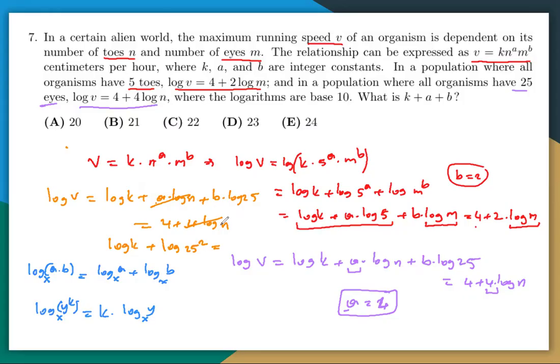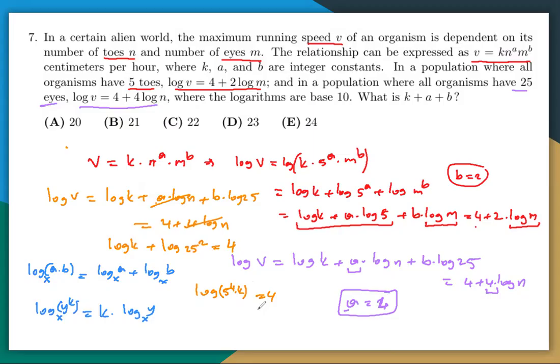But log v was something we already have, right? That was 4, so that should be equal to 4. And then the rest is just the property of the exponent. We have k and this is 5 squared, which is 5 to the 4. You can multiply those, so you get log base 10 of 5 to the 4 times k as my argument. So this is equal to 4.